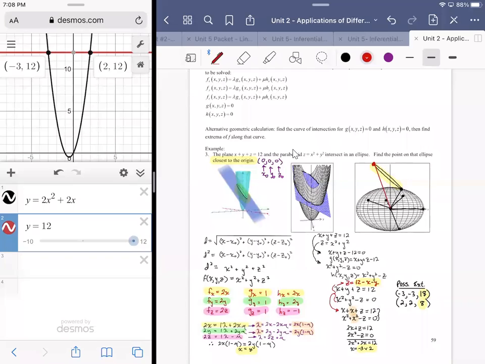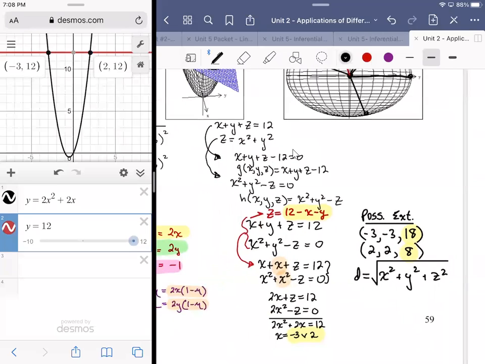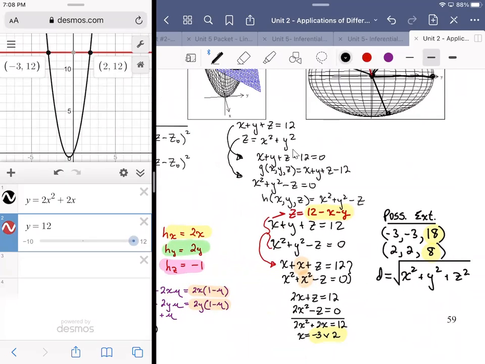So what I would then do is go into my distance formula and figure out which one gives me the smallest distance. So d, as we know from before, is equal to x squared plus y squared plus z squared. We just pop in this information.